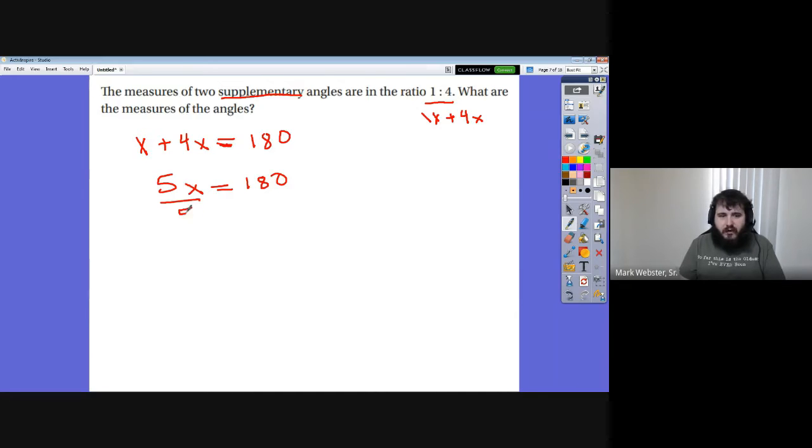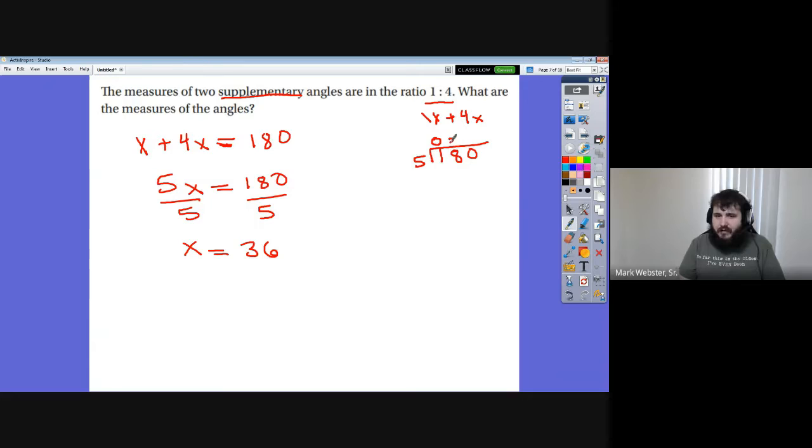Let's divide both sides by 5 and solve for x. 180 divided by 5, if you believe me, is 36. I can do it on the side here. 5 goes into 1 0 times.